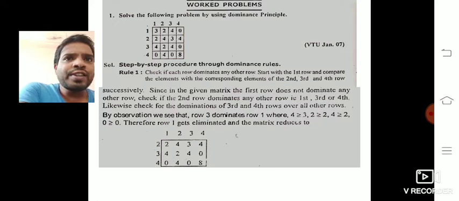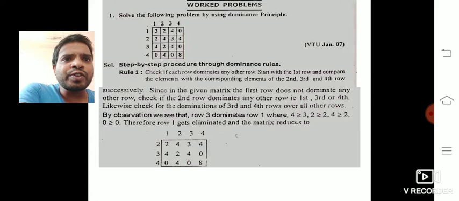Please observe that row 3 dominates row 1. Am I correct here? Row 3 dominates row 1, so all the elements in row 3 are greater than or equal to those in row 1, so that you can delete row 1 here.